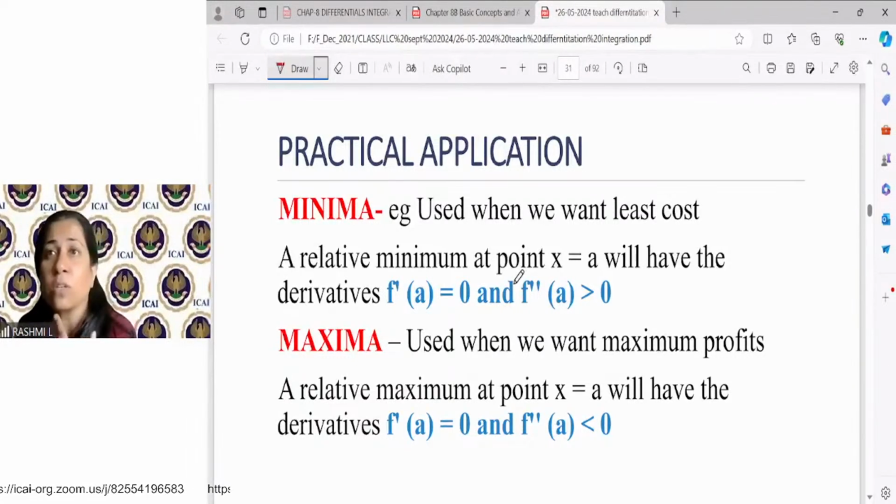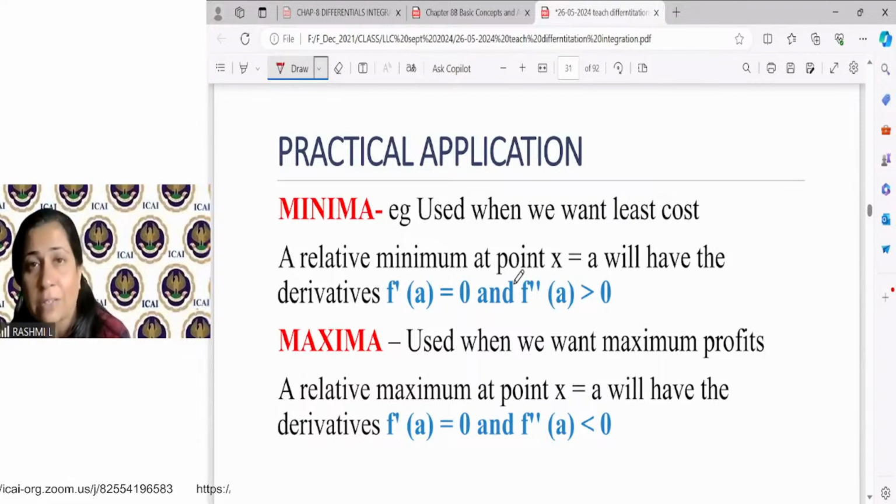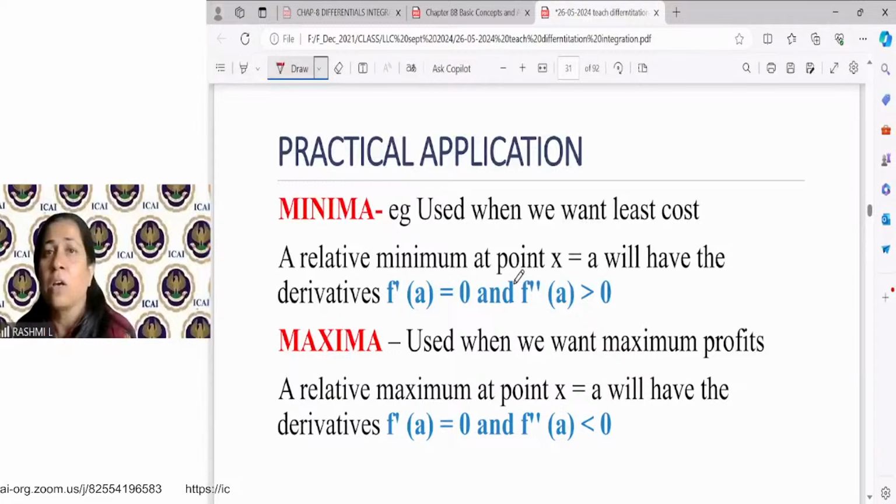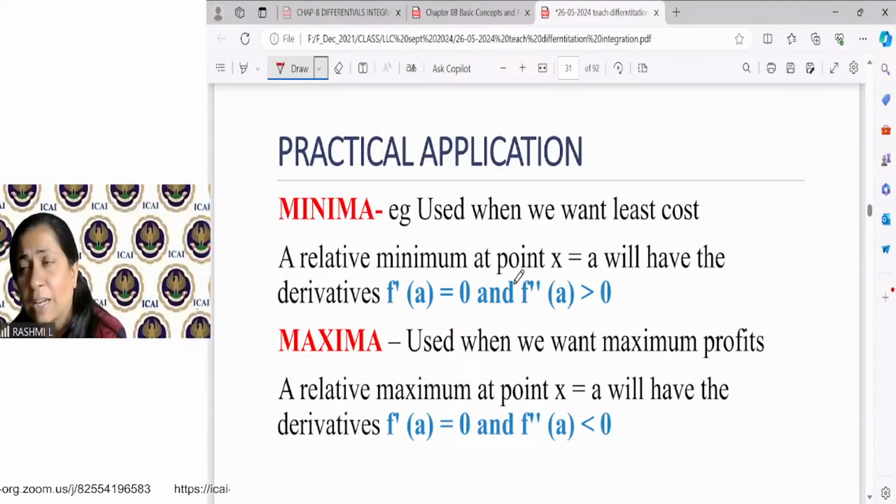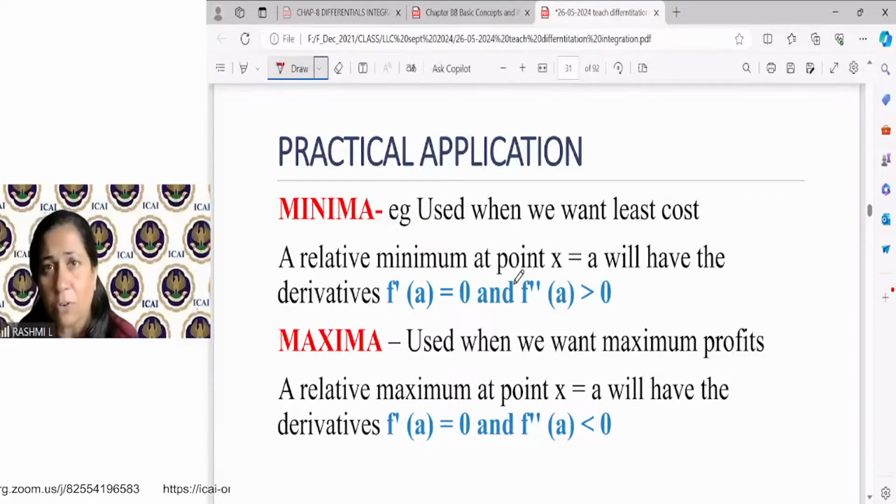I would like to reduce the time within which a unit of goods is manufactured, because more the cost, less is the profit. Then, if I take less time to manufacture something, I will be able to produce more in the same amount of time. So that is why I must find the minima.